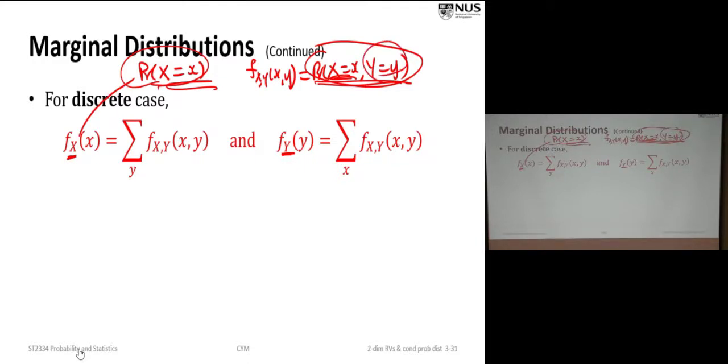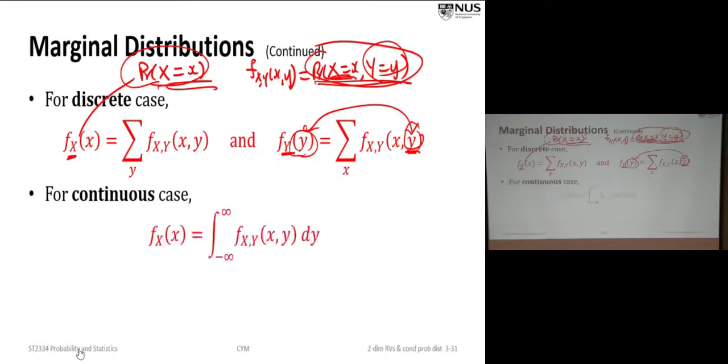Similarly, for the marginal of y, I'm interested in the value of the random variable Y equal to little y. So I have to sum up all the joint PDF with the same y, and for different x, so I just collect all those probabilities with the same y and add them up. The same idea extends to the continuous case.